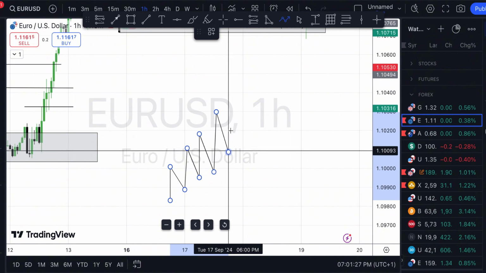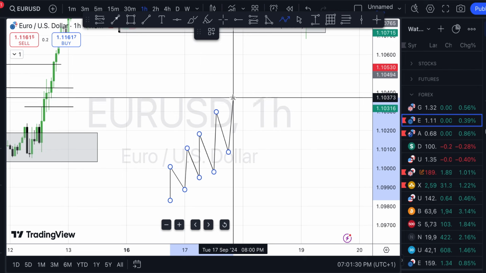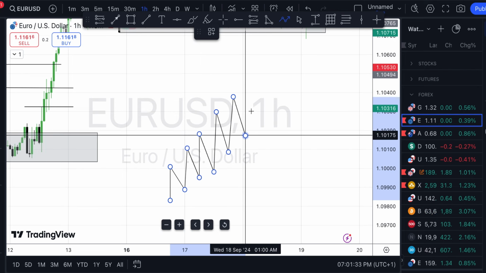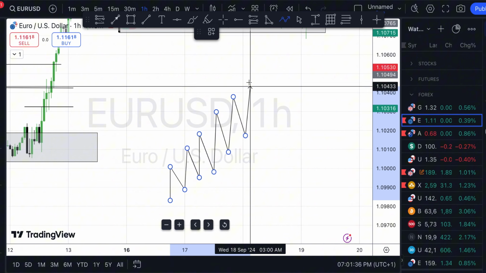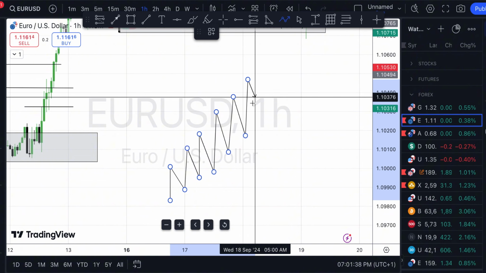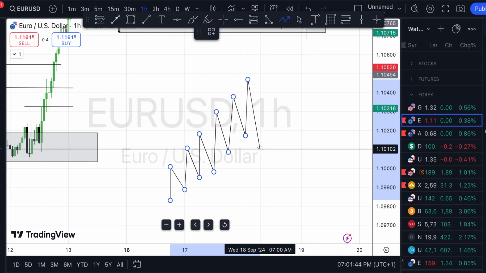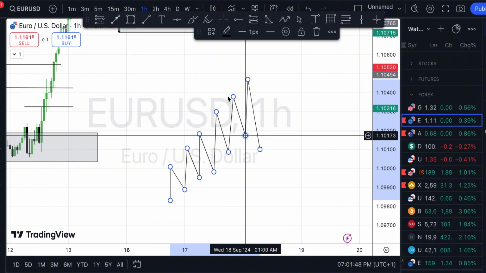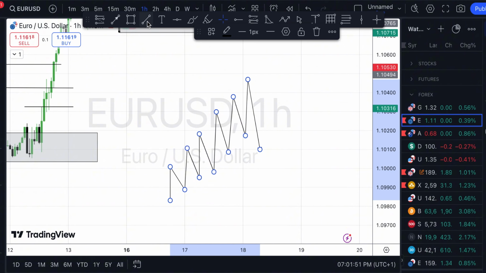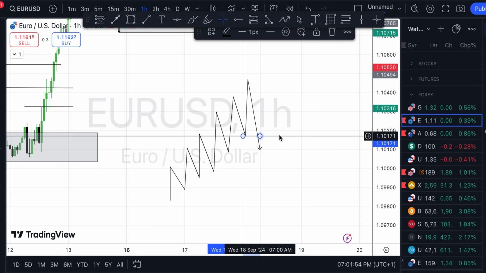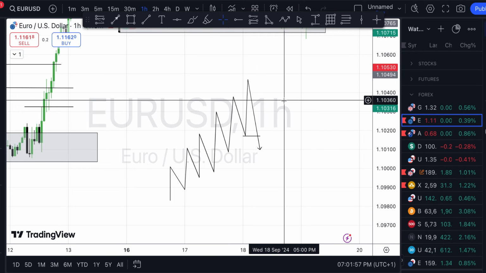As long as price keeps breaking structure to the upside, we are still in an uptrend. So when price is exhausted, price will do something like this. It's supposed to come down and retrace around this zone. Then price will come and do a market structure shift. It's going to break this previous low. Once this low is broken, this is a market structure shift.